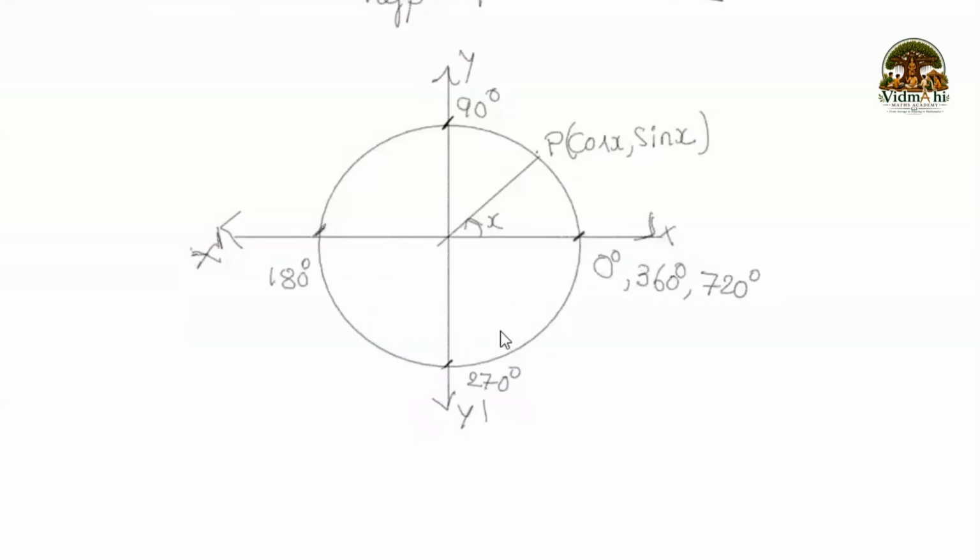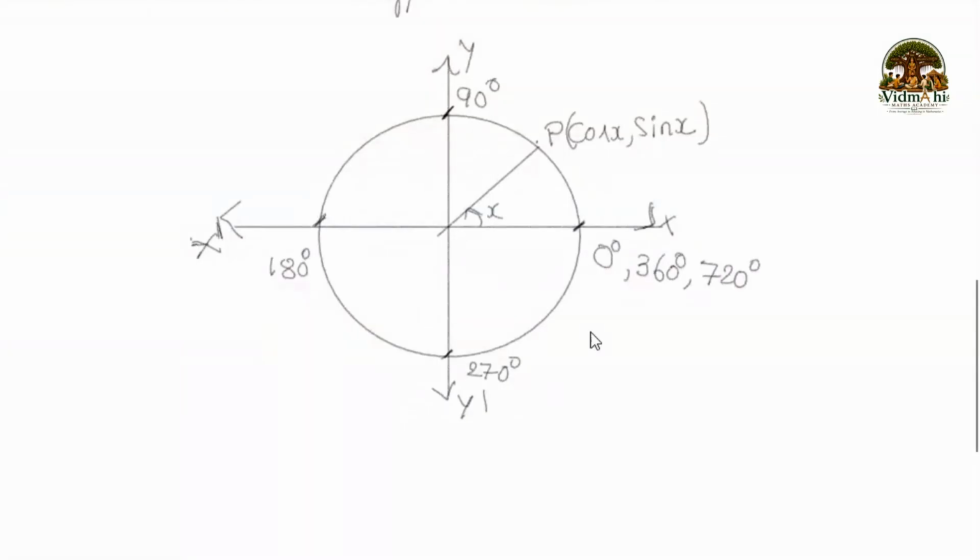Okay, next, suppose this terminal ray, that means the OP ray, turns here. What are the coordinates of this point?